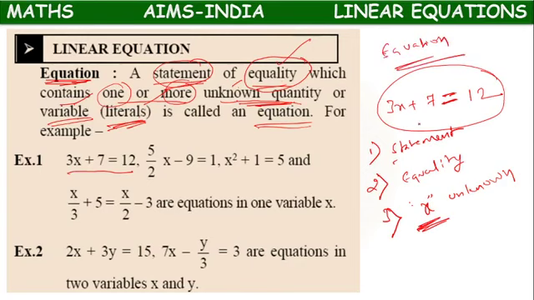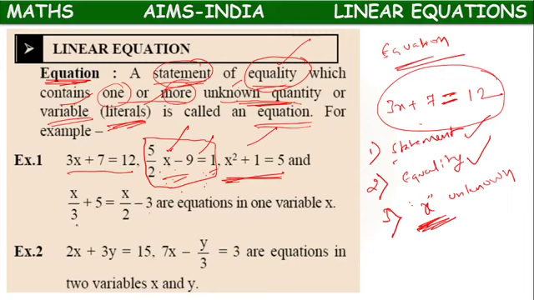It can be considered as an equation because it is a statement of equality which consists of an unknown value. In the same way, observe these other examples. 5 by 2x minus 9 equals 1: equality is there, unknown quantity is there, it is also an equation. x square plus 1 equals 5: equation. x by 3 plus 5 equals x by 2 minus 3: equation.